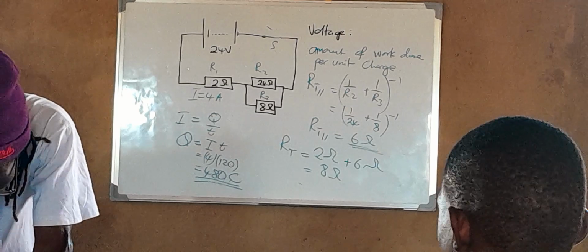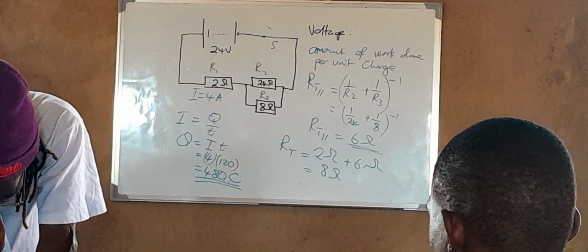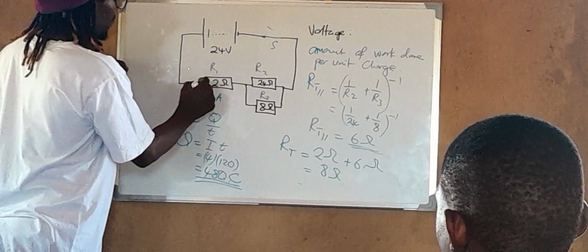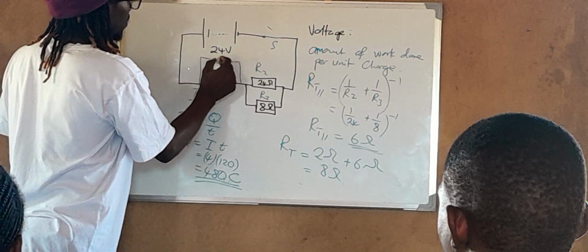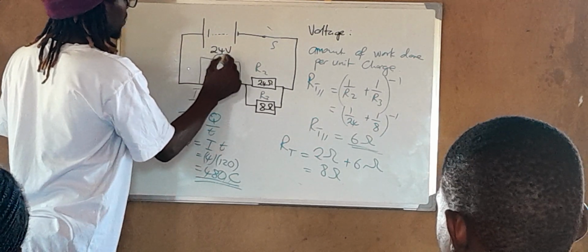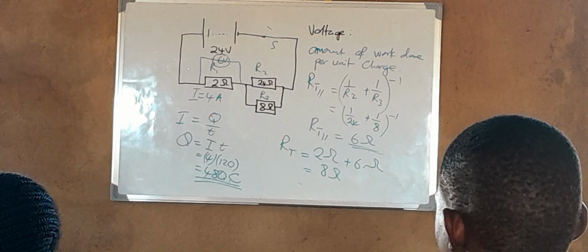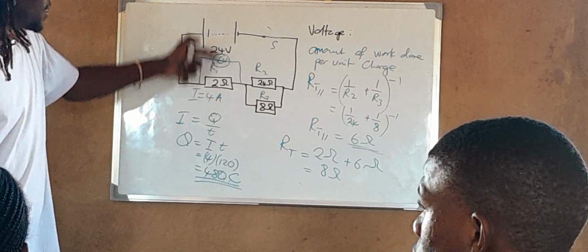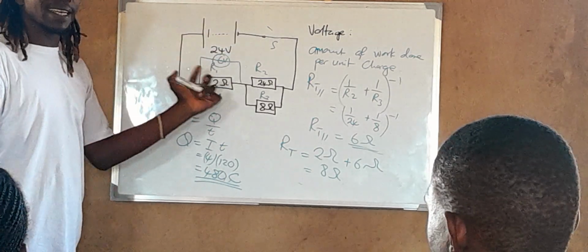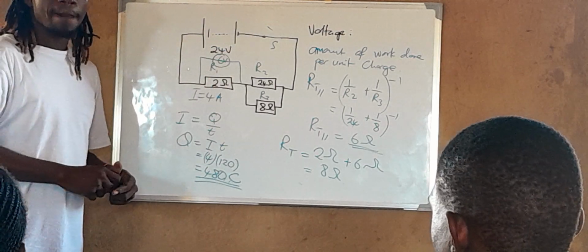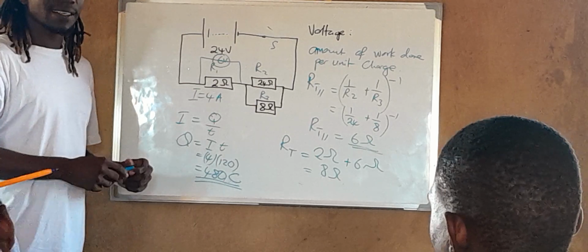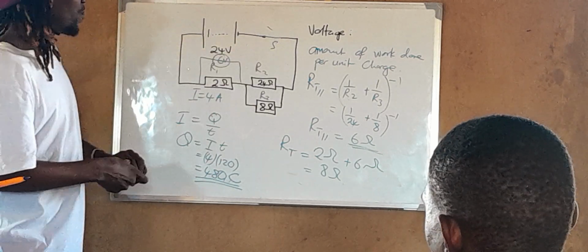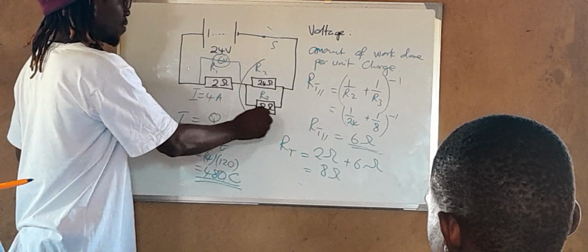If the potential difference across the 2 ohm resistor is 6 volts, so they are trying to say the voltage here is what? 6 volts, right? So the voltage in series, they do what? They are divided, right? So if this is 6 volts, how much of the voltage is left here?